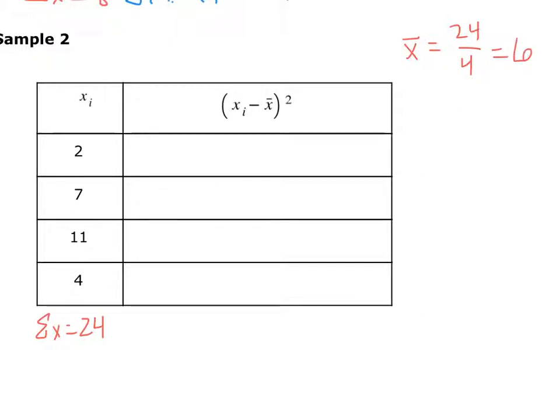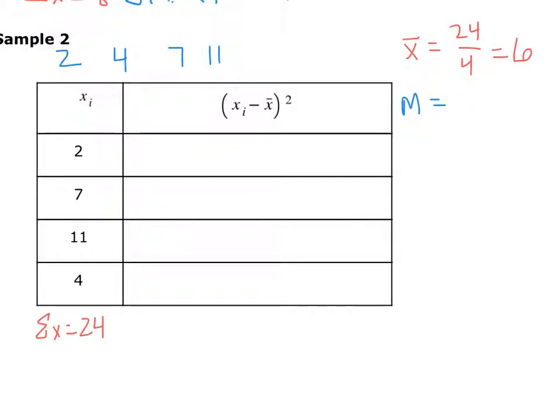And median. Here we want to make sure we are looking at the data values in ascending order. So I'm going to write those up here at the top. 2 is our smallest value, then 4, 7, and 11. Again, we have an even number, so we're taking the average of the middle two values, 4 and 7.